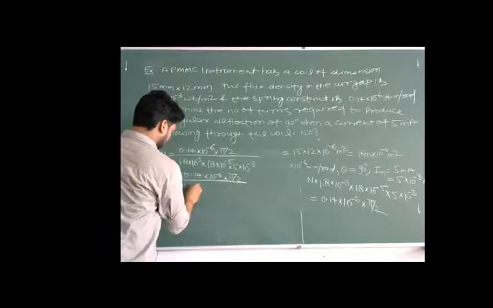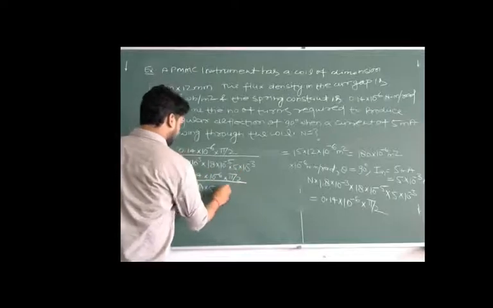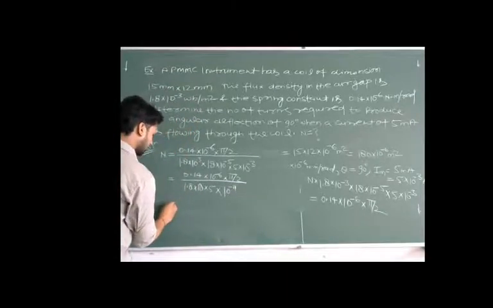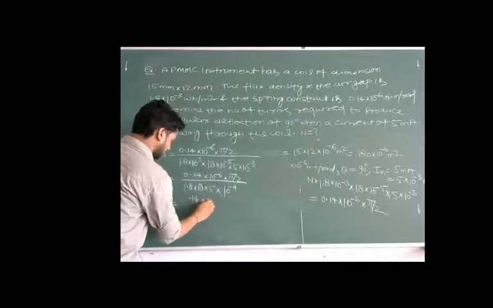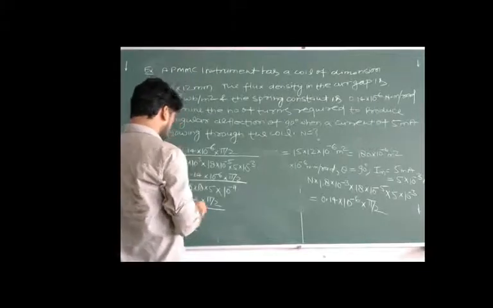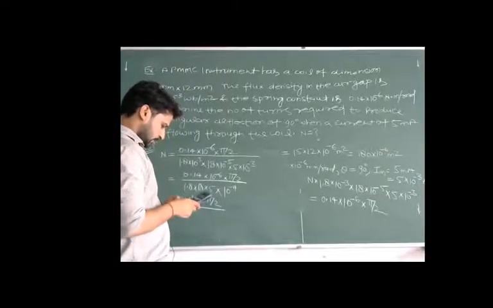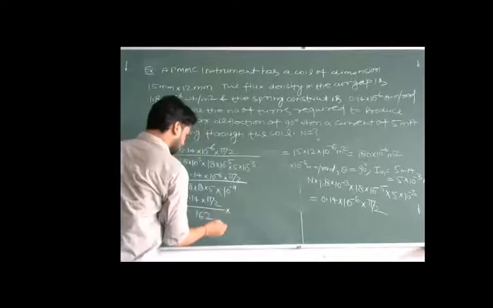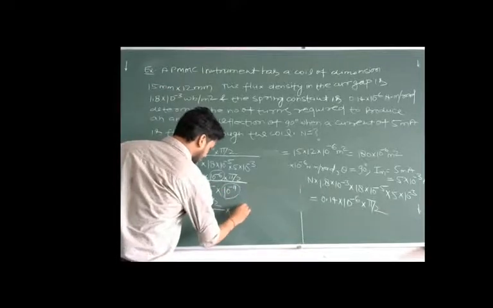1.8 into 18 into 5 into 10 power 5 plus 3 plus 3 minus 11, and then we can write 0.14 into pi by 2 divided by 18 into 1.8 into 5, which is 162 into, this is 10 power minus 6, here is 10 power minus 11, it will become 10 power 5.